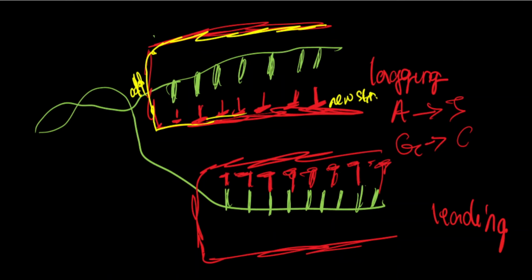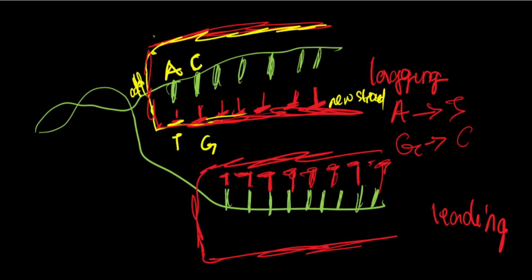Because of the obligatory and complementary base pairing, if we have an adenine on the old strand, the DNA polymerase would obligatorily attach a thymine. And if we have, say, cytosine on this side, the DNA polymerase would obligatorily attach a guanine to it. So this is the idea of obligatory base pairing.